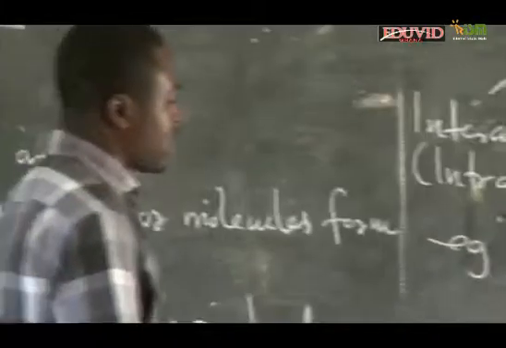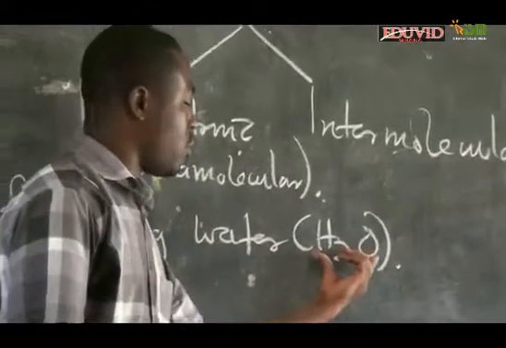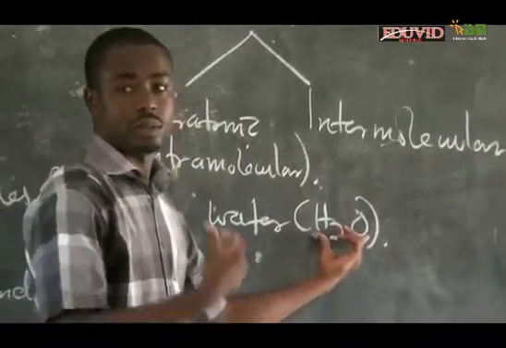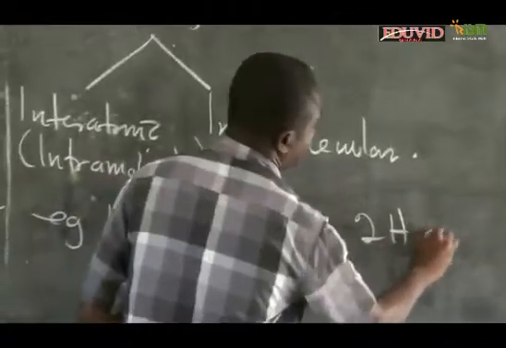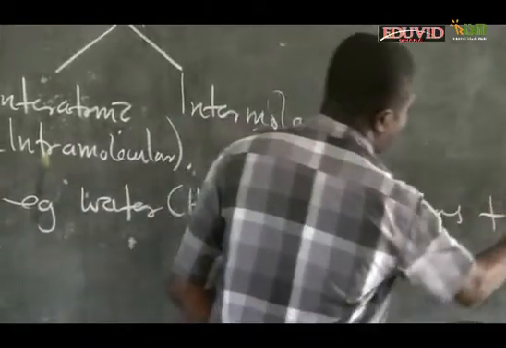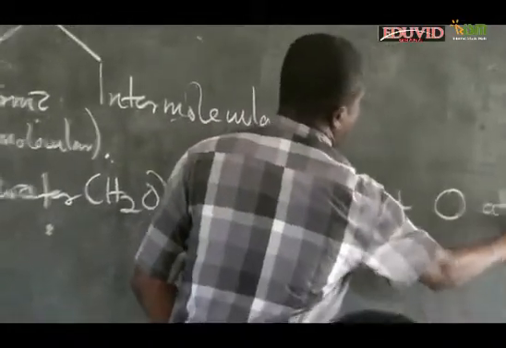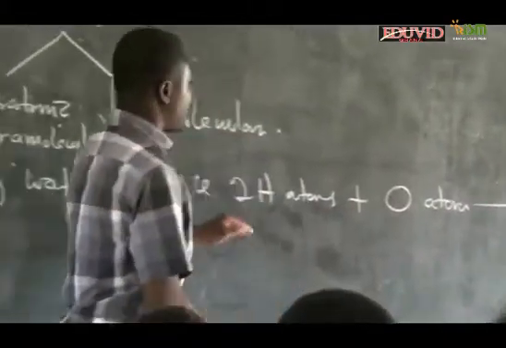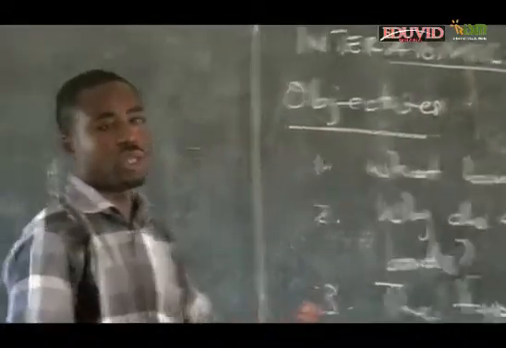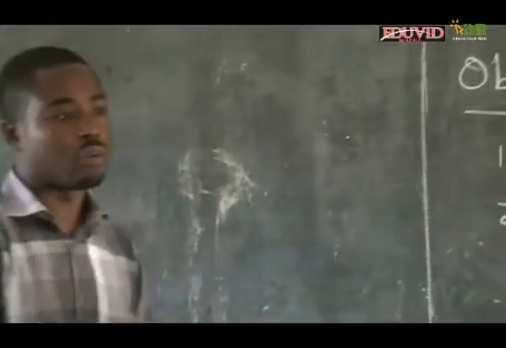So if I have two H atoms combining with one O atom, that gives a water molecule. The atoms are able to come together to form water because there's that attraction between the atoms that gives rise to the water molecule.